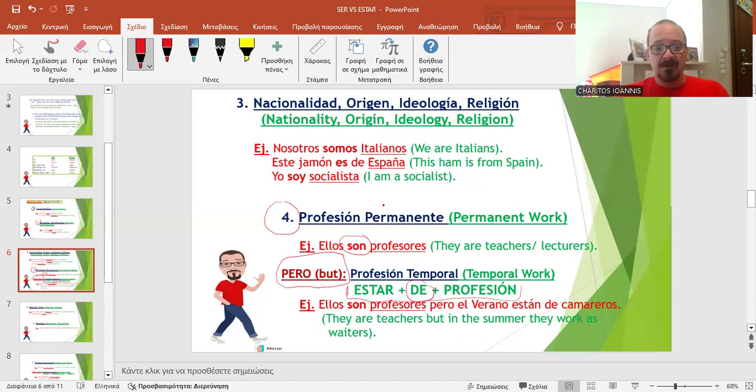Por ejemplo, ellos son profesores, pero el verano están de camareros. They're teachers, but in the summer, they work as waiters. So because most of the teachers don't work during the summer, if they want to make extra money just for the summer, they work as waiters. Trabajan, están de camareros.